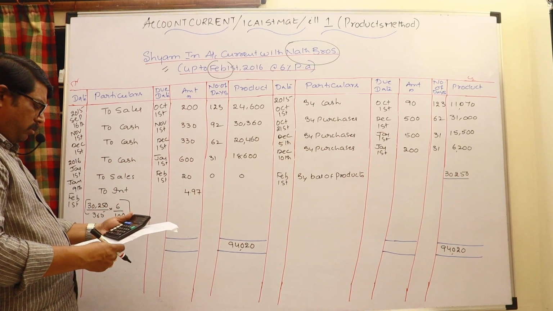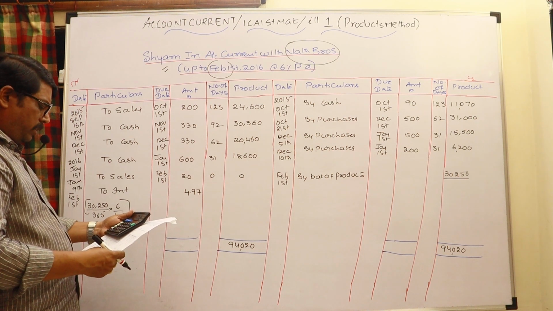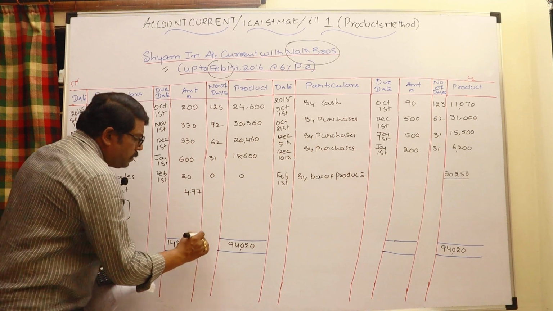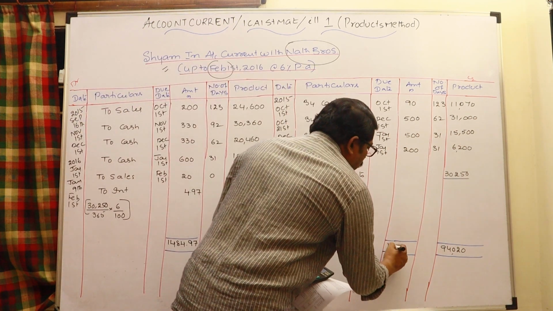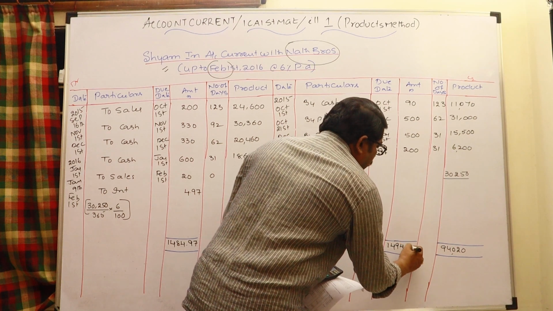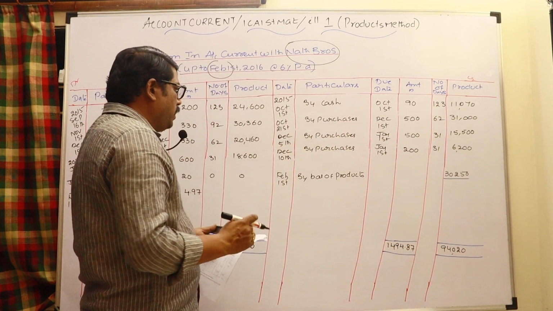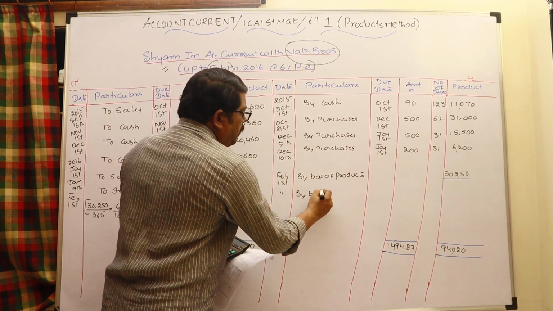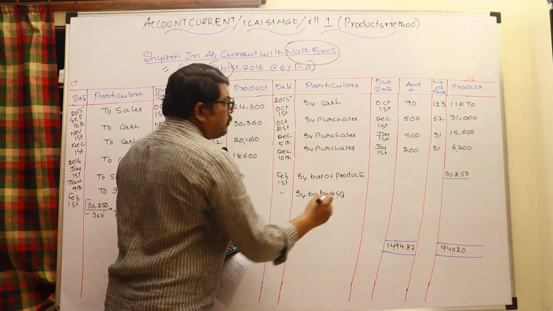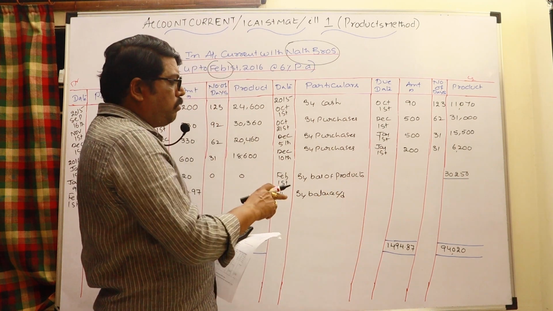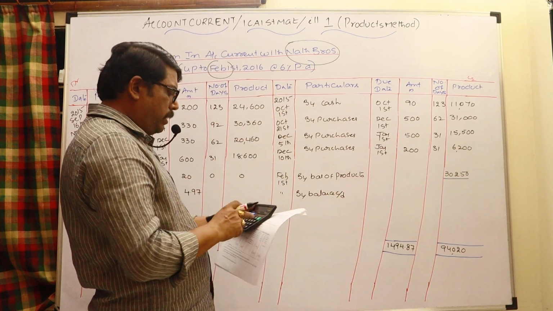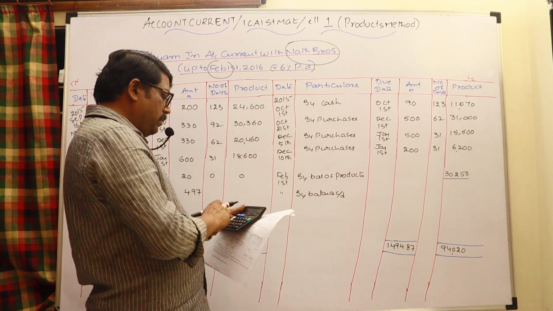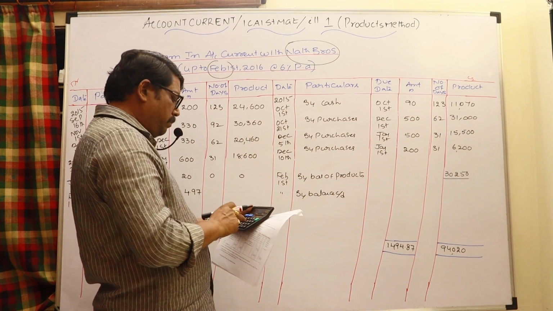Therefore 1,484.97. Write on both sides, 1,484.97. Then go for the balance, carried down and brought down. Out of 1,484.97, you subtract all the four items: 90, 500, 500, 200.